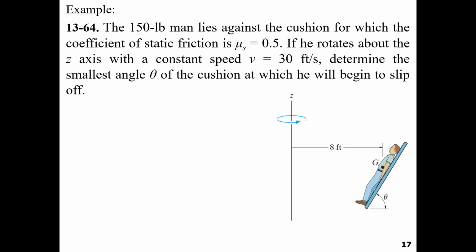The weight of the guy is 150 pounds. Remember, this is the weight, not the mass. So mu s is 0.5, and the velocity is constant, 30 feet per second. This radius is 8 feet, and you want to find theta that causes slipping outside, and this is your theta.